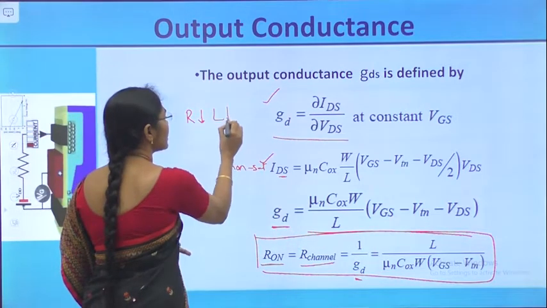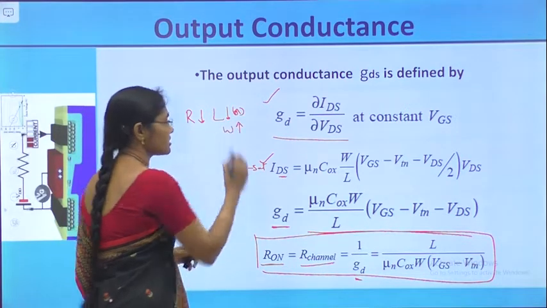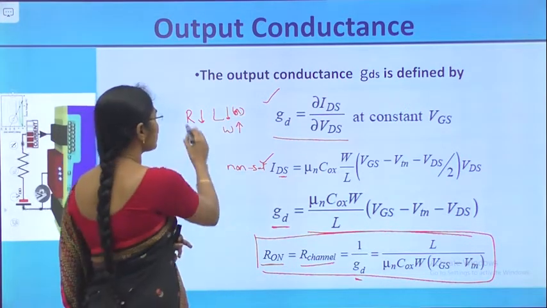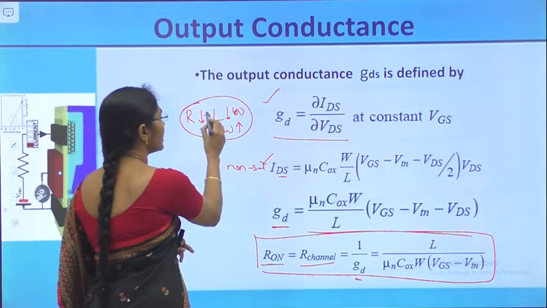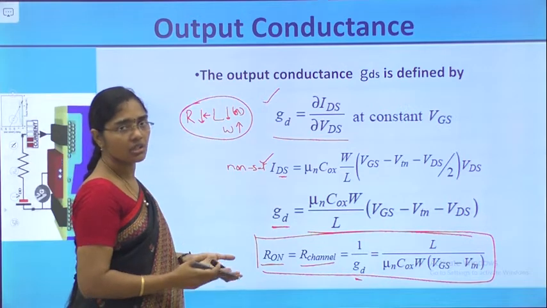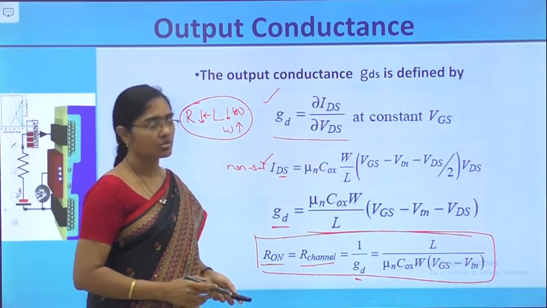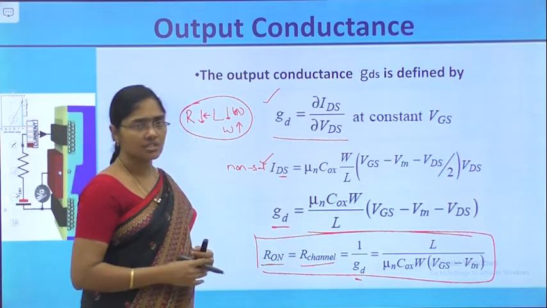L has to be decreased or W has to be increased. This is the option to reduce R. For getting that, GD will be used. This is in the non-saturation region.